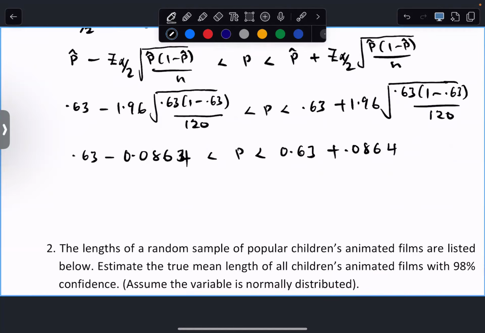If you solve this one, you should end up with 0.544 less than p less than 0.716.